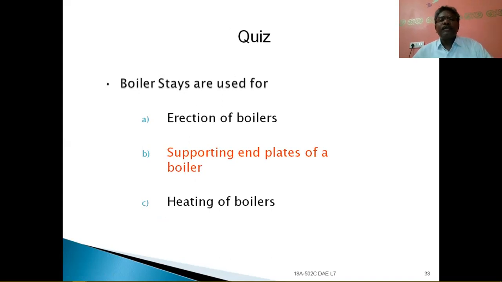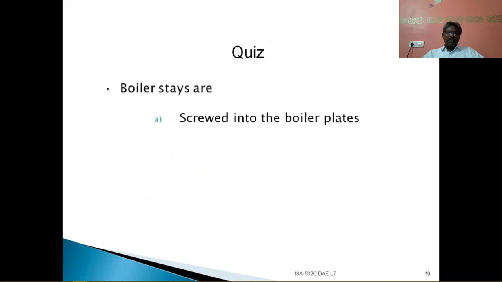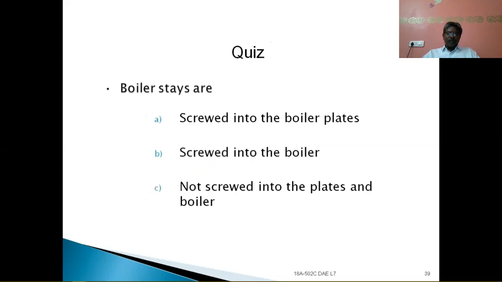Supporting end plates of a boiler is the right answer. Boiler stays are used for supporting end plates of a boiler. Right? Boiler stays are screwed into the boiler plates, not screwed into the plates and boiler. Which is the right answer? Screwed into the boiler plates.